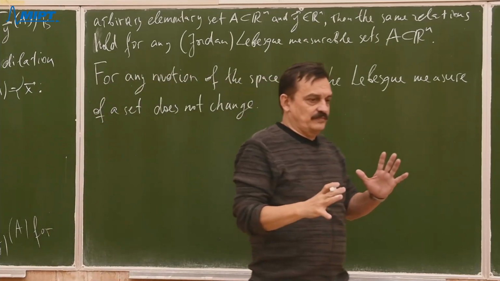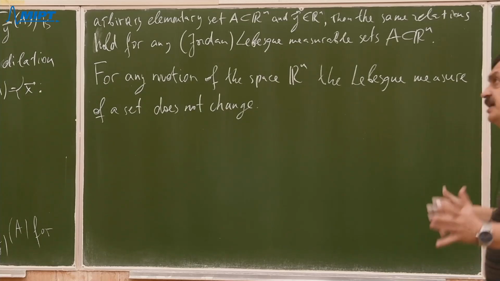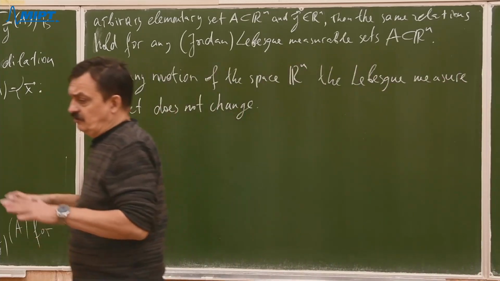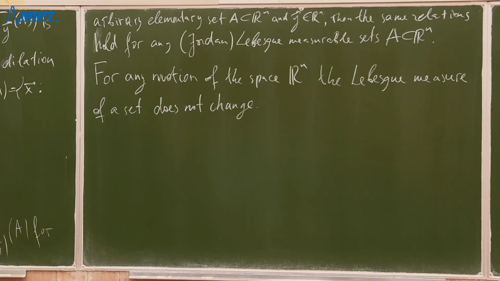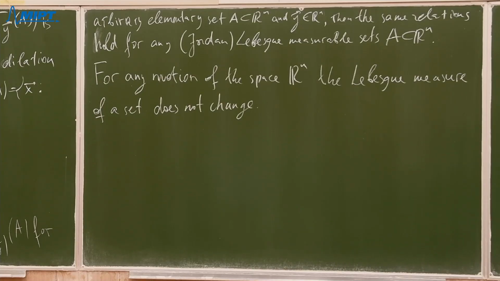So let me recall what is motion in a space. In fact, there is a classification of motions. For example, for the plane, what are motions? Rotations, translations, symmetries, and compositions of those things. For the space, it's a little bit more complicated.